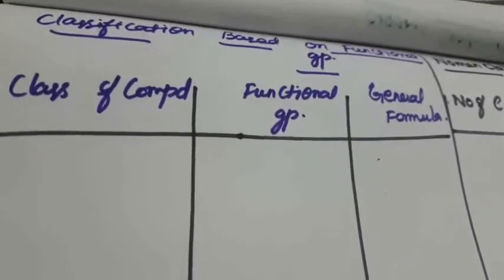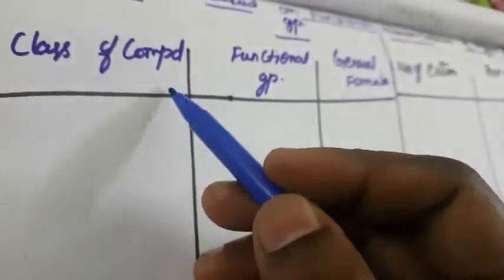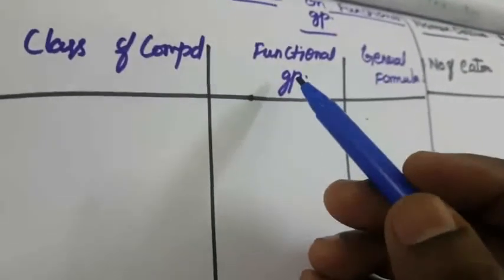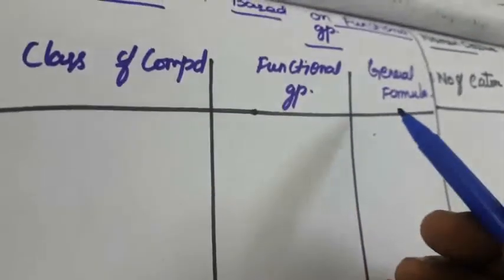Okay. So next one, classification of organic compounds based on the functional group. First one, you can easily understand. What is meant by alkane? What is the general formula? Class of compound, classification of compound. What is the functional group here? What is the general formula? How to represent that one? First one is alkane.